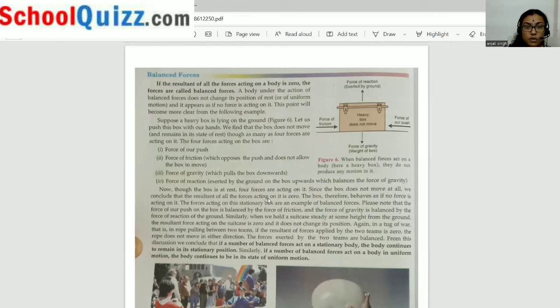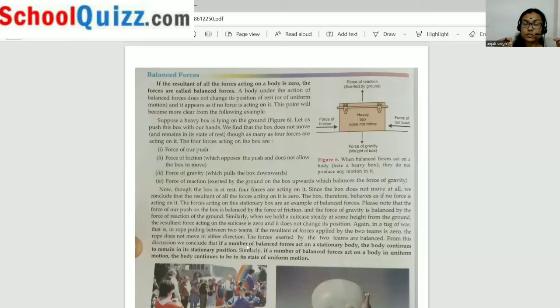Now, the balanced forces. I'm reading only the bold part, because the rest of the writing I am explaining orally. If balanced forces act on a stationary body, the body continues to remain in its stationary position, because the balanced forces are acting.